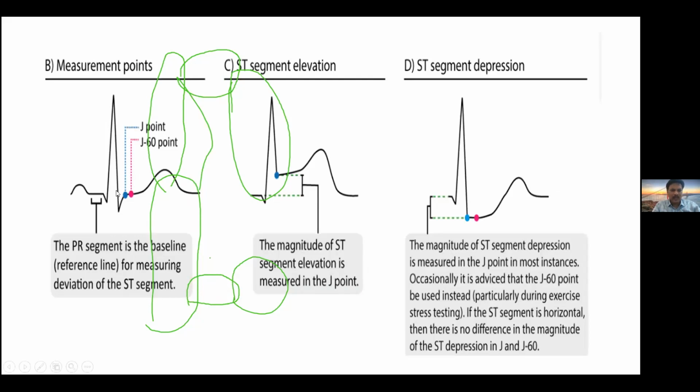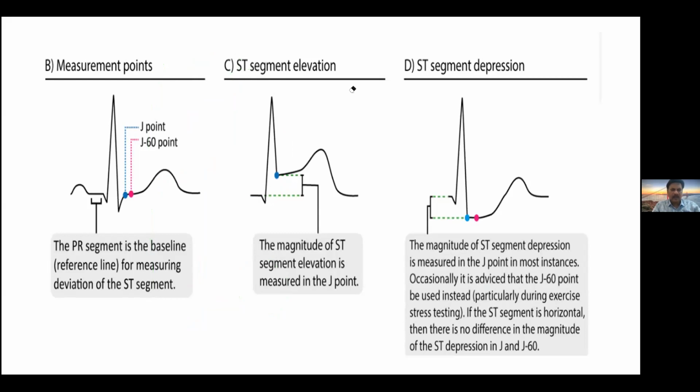So where do you measure all these points? See here. Sorry, there is something abnormal in the way it is behaving. When you have these measuring points, the J point is the one place where you have to measure the ST segment elevation or depression.